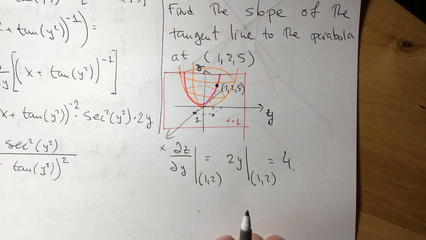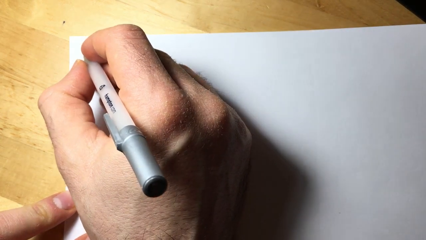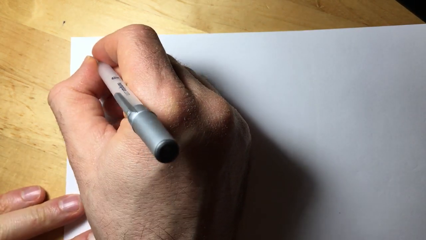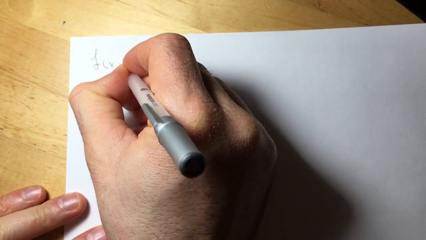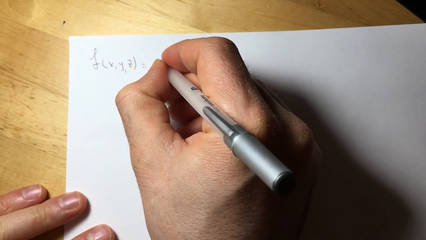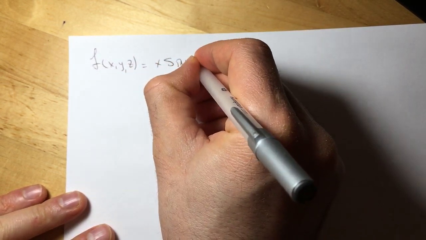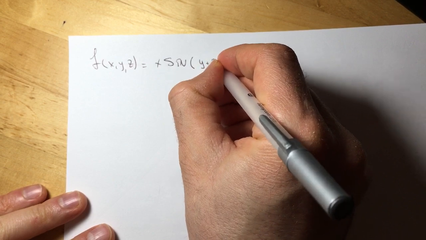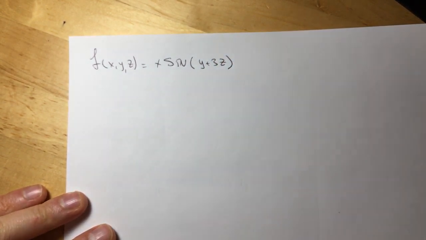And then we'll do one last example in this video that will deal with functions defined in 3 variables, and the logic is the same. So if you have f of x, y, z is equal to x times sine of y plus 3z.